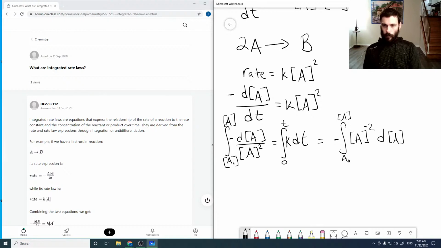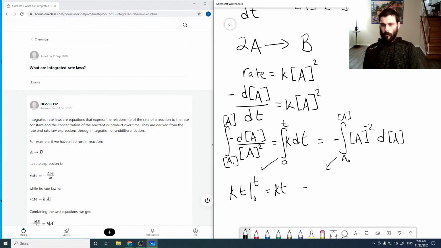So now, carrying this forward, doing this one first, this is just going to be kt from 0 to t, which when t equals 0, the whole thing's going to equal 0, so this just equals kt. And now carrying this one forward, so add 1, minus 2 goes to minus 1, and then divide by the power, so divide by minus 1.